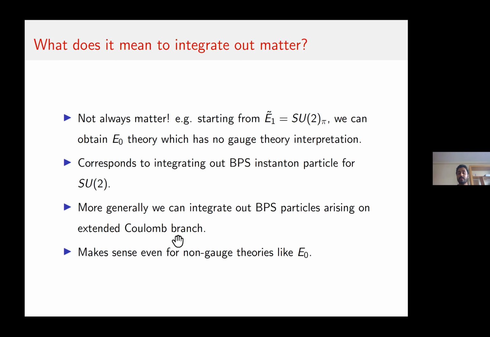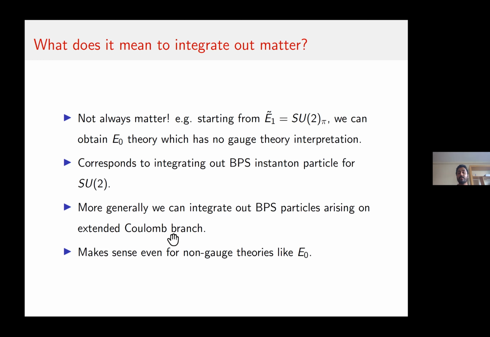This is defined as follows. You look at the space of supersymmetric mass deformations of the 5D SCFT. And at every point in the space, you find some supersymmetric quantum field theory, which has a Coulomb branch. And you fiber the Coulomb branch on top of the space. So the combined total space that you obtain will be referred to as the extended Coulomb branch.